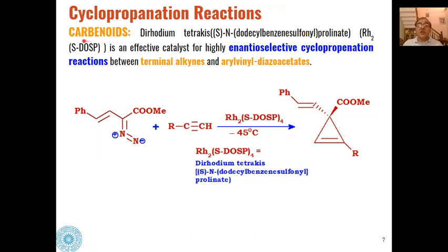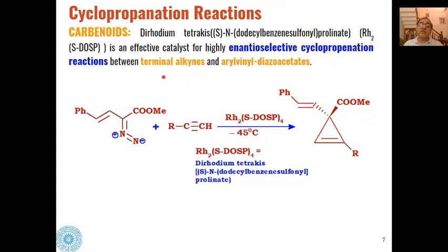Then there are some carbenoids like dirhodium tetrakis, the S isomer being the optically active one, with dodecylbenzenesulfonyl prolinate. This is abbreviated as Rh2(S-DOSP)4. This is used effectively as a catalyst for these types of cyclopropanation reactions, where we get enantioselective products.